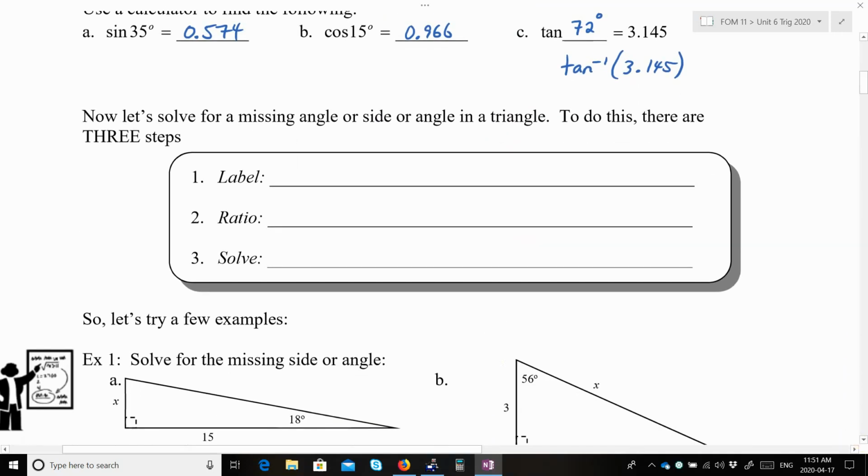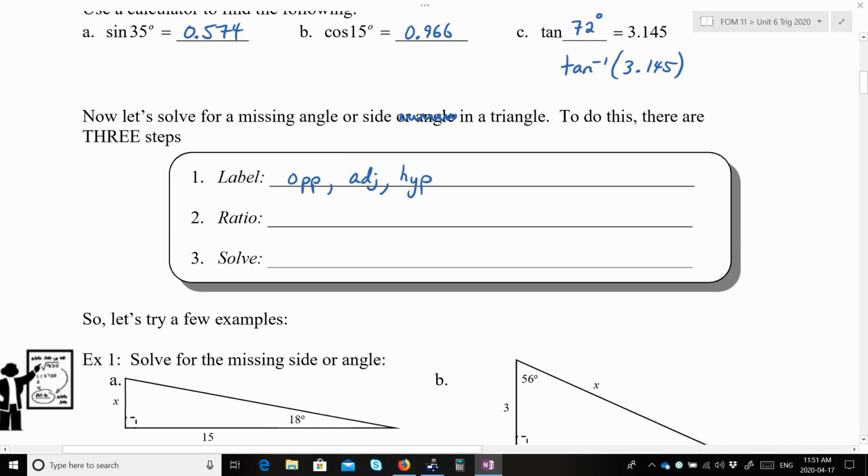Now let's solve for a missing angle or side in a triangle. To do this, there are 3 steps. You label the triangle with opposite, adjacent, and hypotenuse.